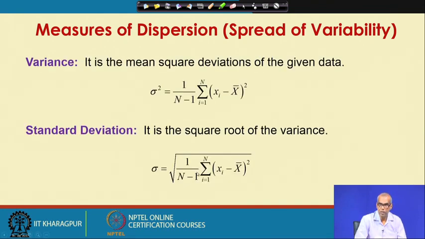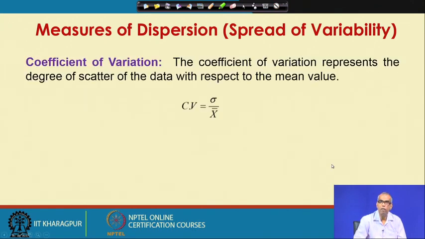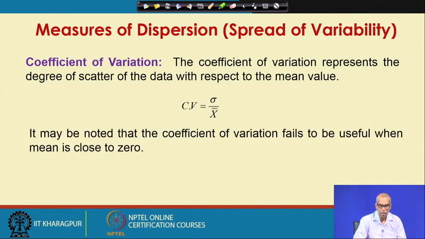Sigma or standard deviation is given by this. So, you divide sigma by the mean value of the data set, and you get the coefficient of variation. Please note that the coefficient of variation will not be useful when the mean is very close to 0.